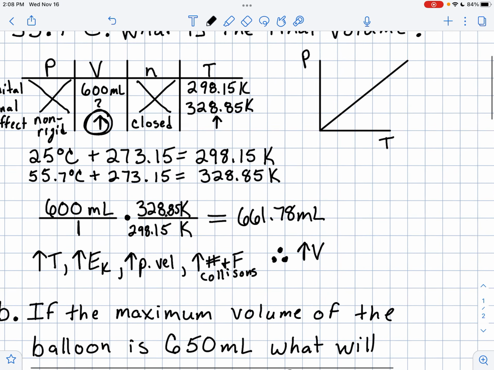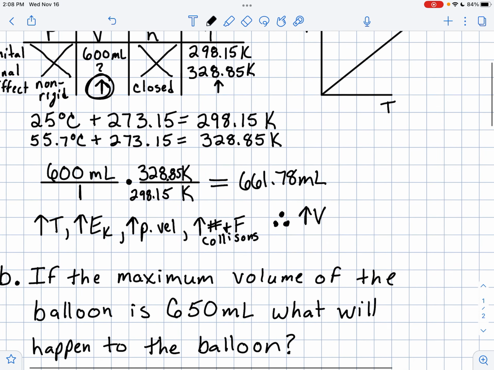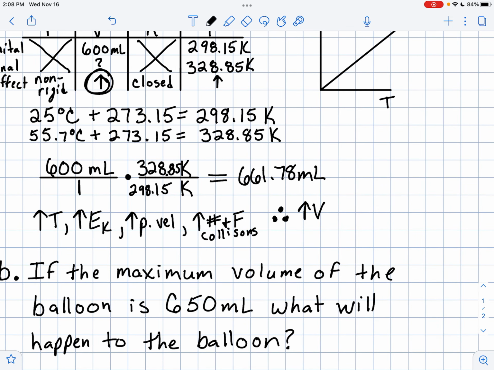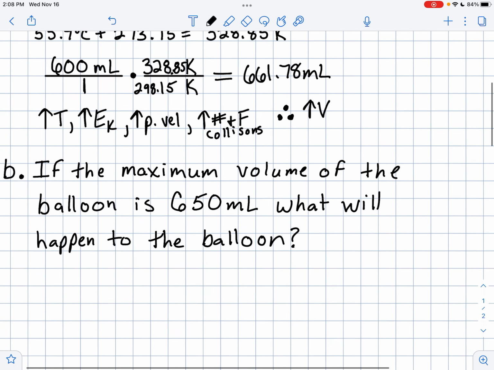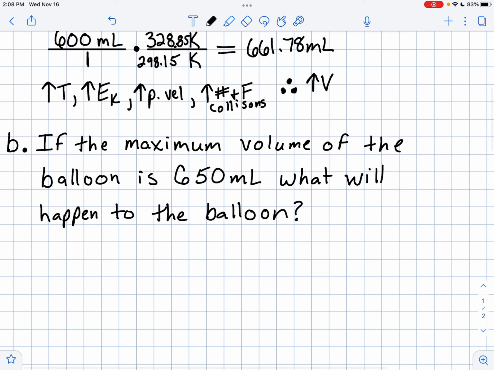Now I have a part B here, and I ask the question, if the maximum volume of the balloon is 650 milliliters, what will happen to the balloon? In this case, my balloon reached a size of 661.78 milliliters.